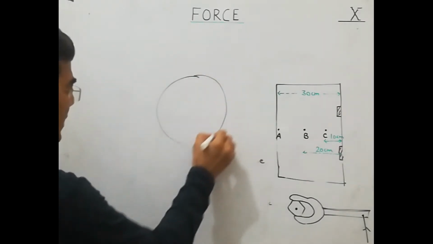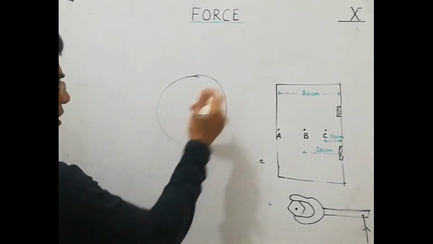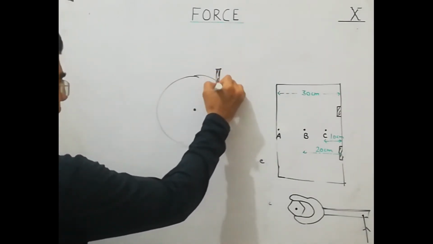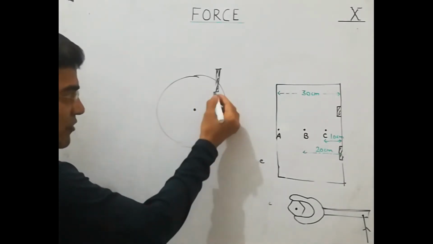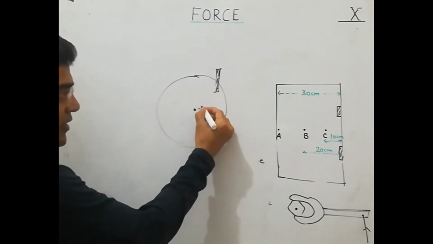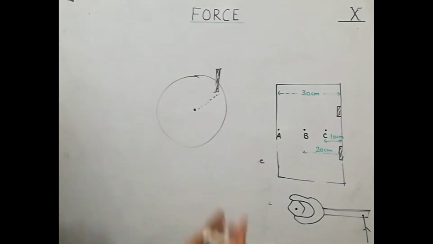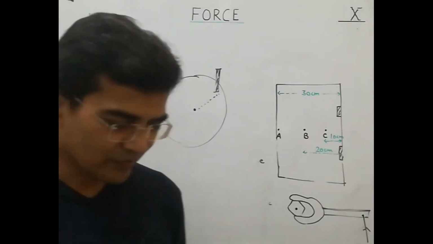It's circular like this, and at the center it rotates about this point. So you will be always observing that the handle of the hand flour grinder is always at the rim edge. Why? Because if you put the handle at the edge, distance is maximum. So maximum distance, so least will be the force required to rotate it.